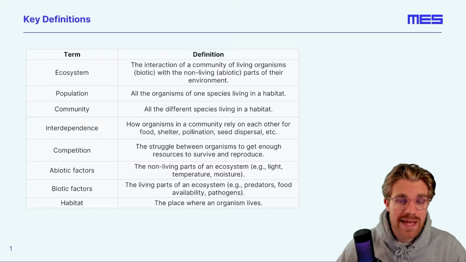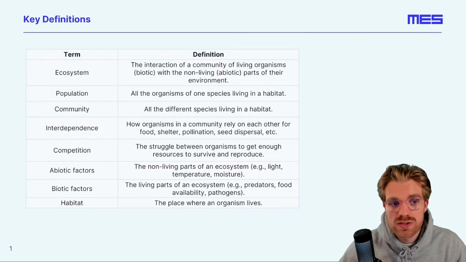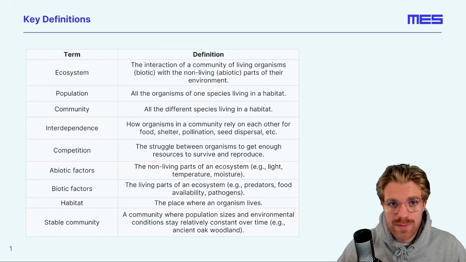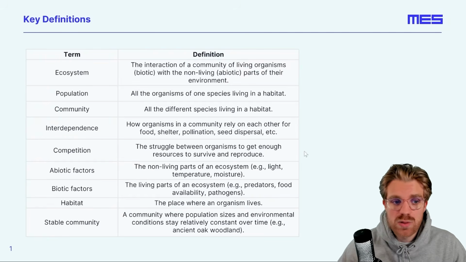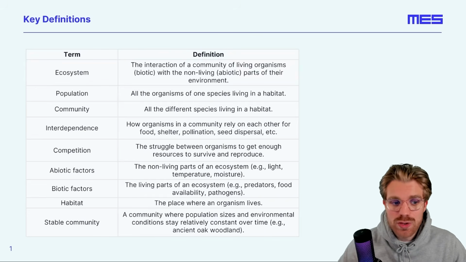A habitat could be a tree, for example, or a habitat could be some rocks. We also have a stable community. A stable community is one where the population sizes and the environmental conditions remain relatively constant over a longer period of time. A stable community is able to resist change, and stable communities come about from high biodiversity, but more about biodiversity later on in the video.